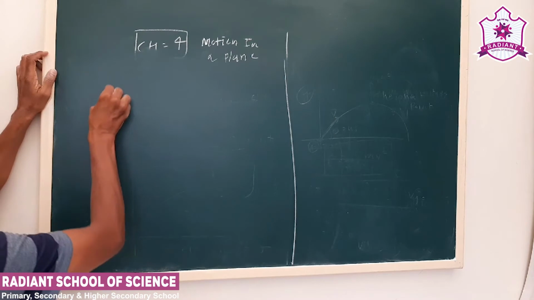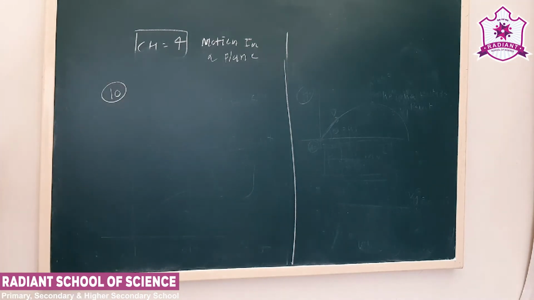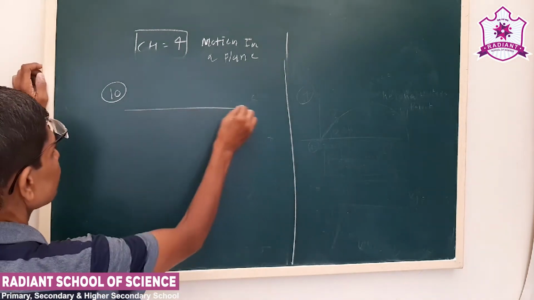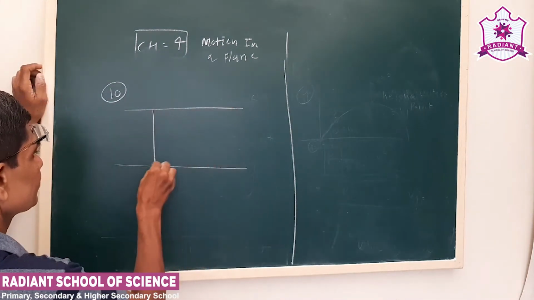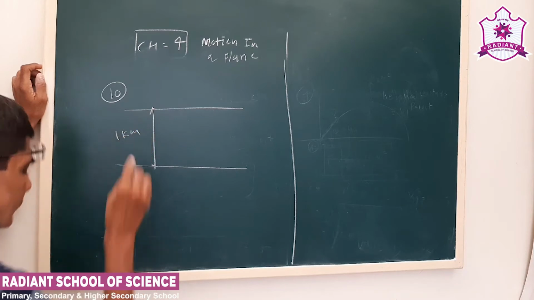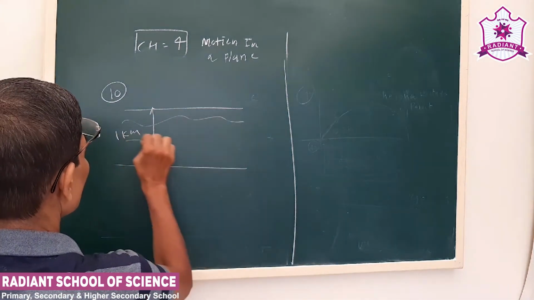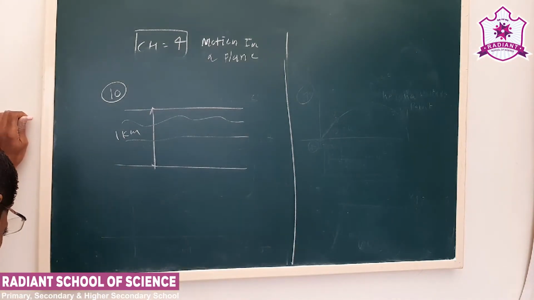The velocity of a boat in a steel boat in a river of width 1 kilometer, the water flowing like this.